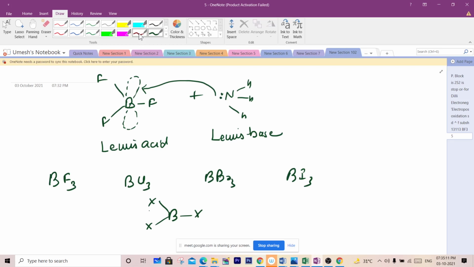Can you tell me? Are they equal, or what is the increasing order trending here?